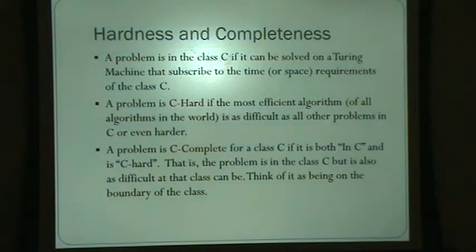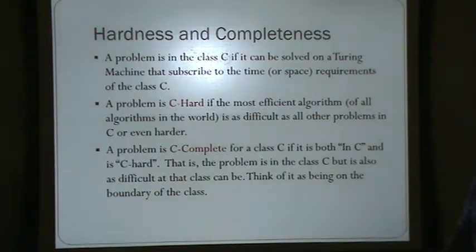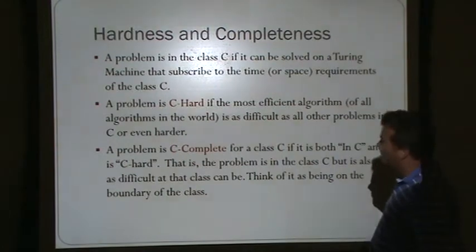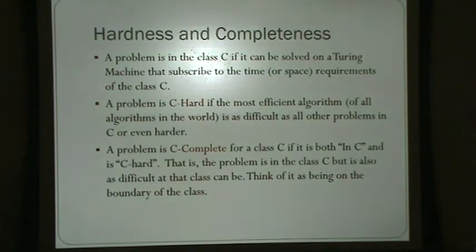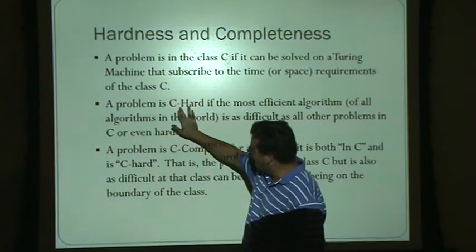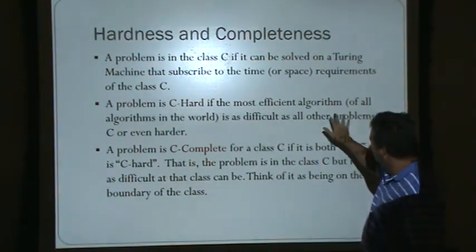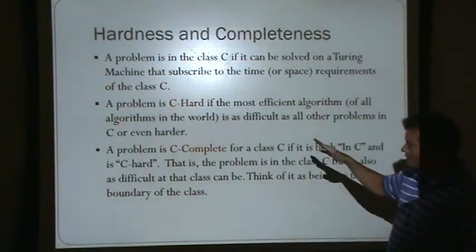Okay, so then just a couple of definitions, completeness and hardness. For any class, linear, n log n, polynomial time, a problem is said to be class-hard if the most efficient algorithm of all the algorithms in the world is as difficult as all the problems in that class or even harder.